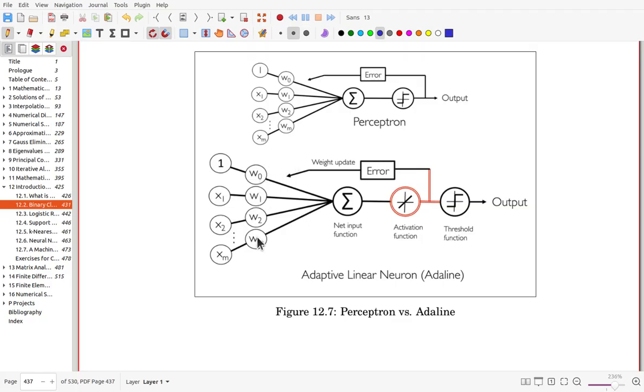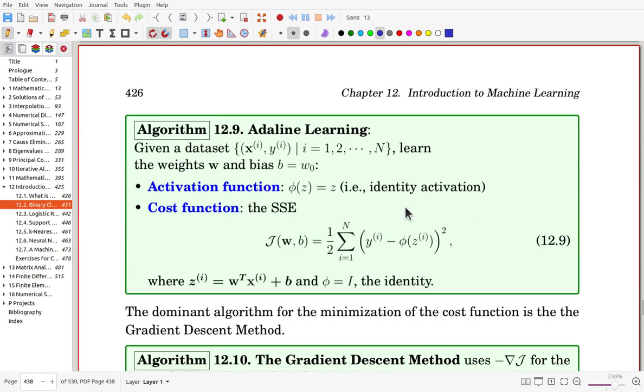And then after training, once new points come, after getting the net input, the final output will be obtained after thresholding. But in training, we don't use any thresholding in Adaline.